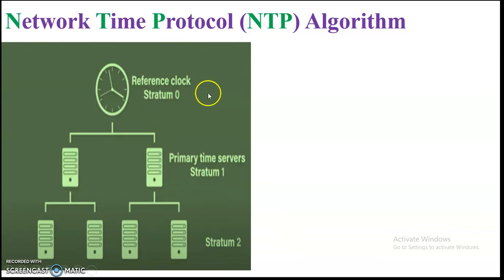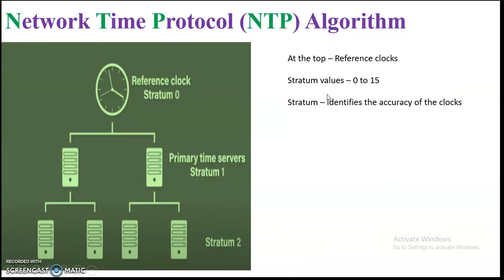Now there might be a question coming to your mind: what is the stratum? The stratum is used to identify the accuracy of clocks. The value of stratum ranges from 0 to 15, where 0 means most accurate and 15 is least accurate.